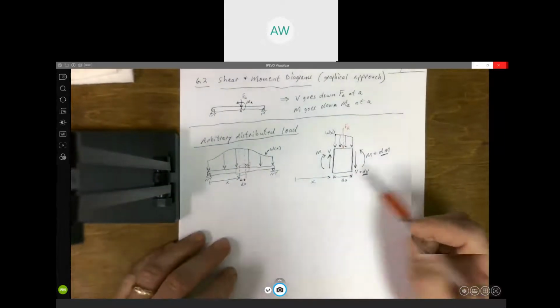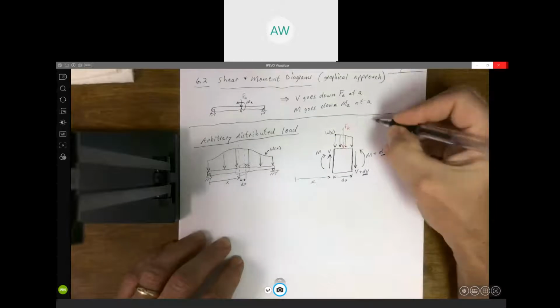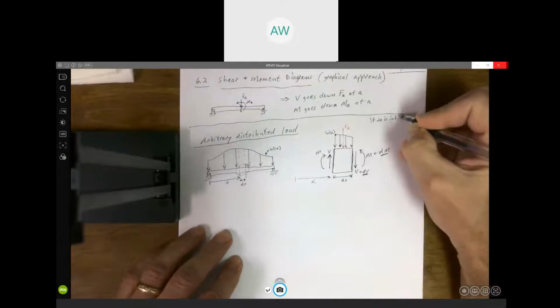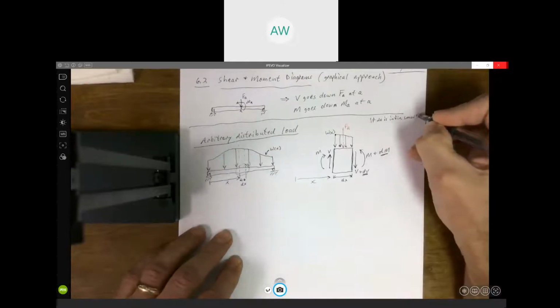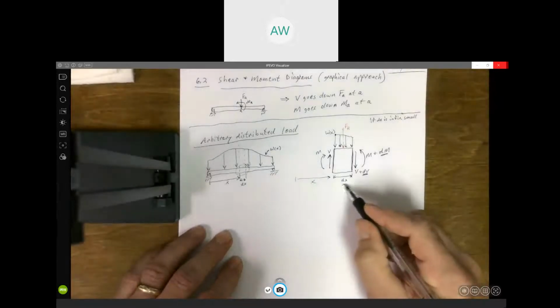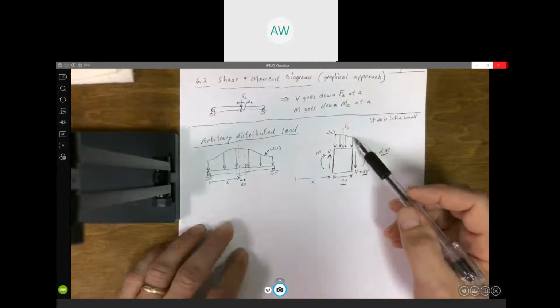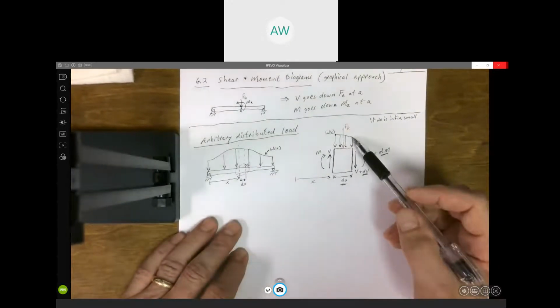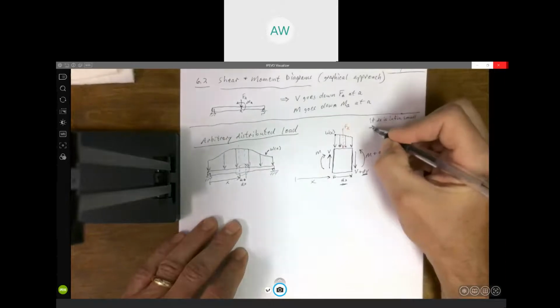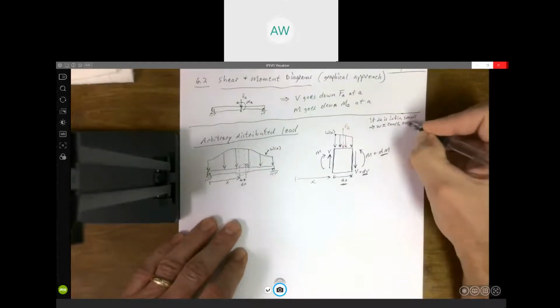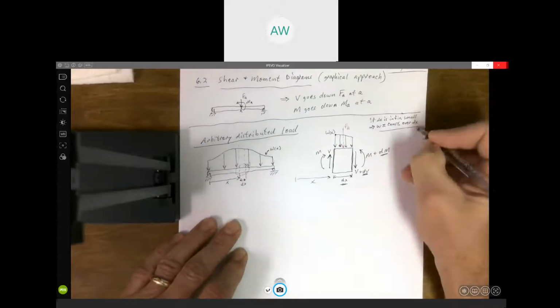If dx is infinitely small, then we know our distributed load, w, is not going to change much at all over this infinitely short distance. So this distributed load is essentially or approximately constant over this little distance dx.